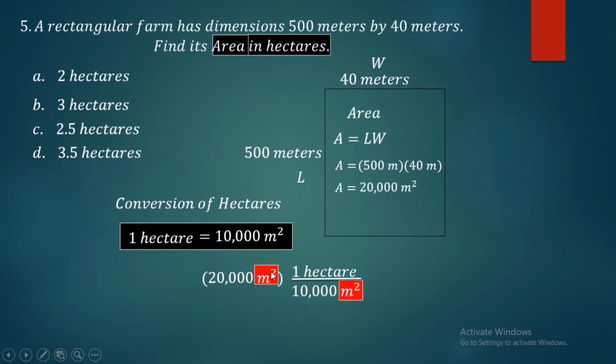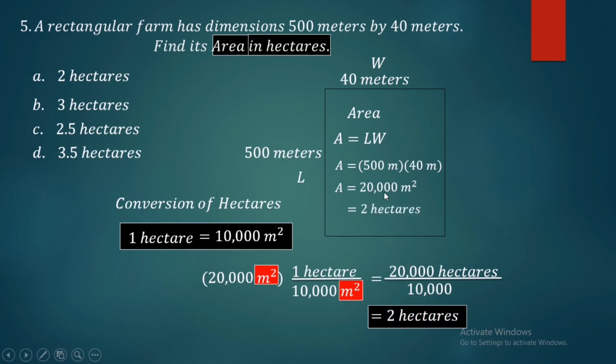Then multiply 20,000 times 1 hectare, that would be 20,000 hectares over 10,000. Then let's divide, and we get here 2 hectares. So 20,000 square meters is also equal to 2 hectares. So the answer is 2 hectares, letter A.